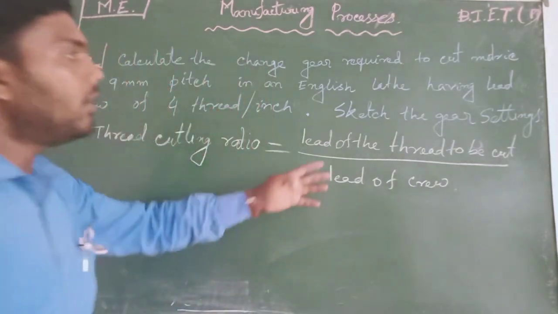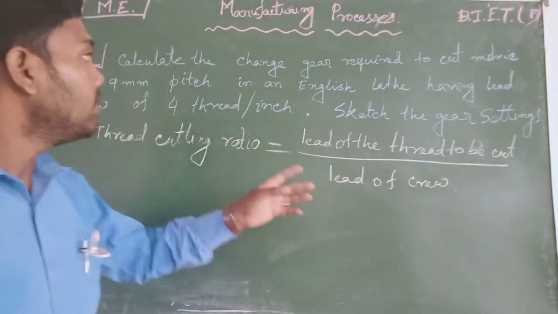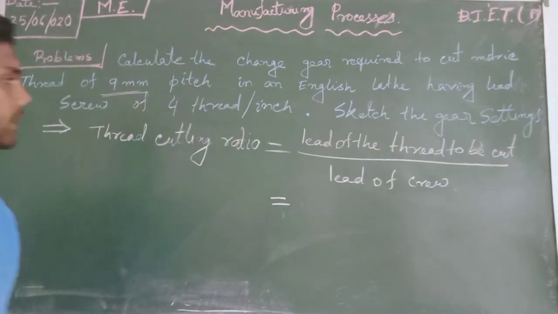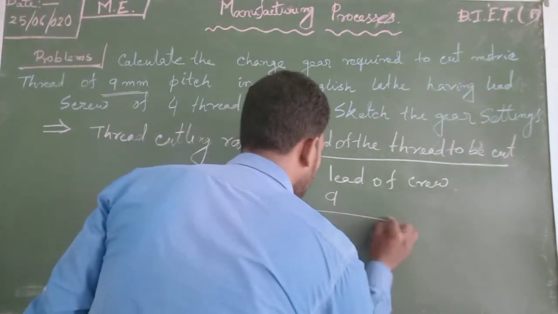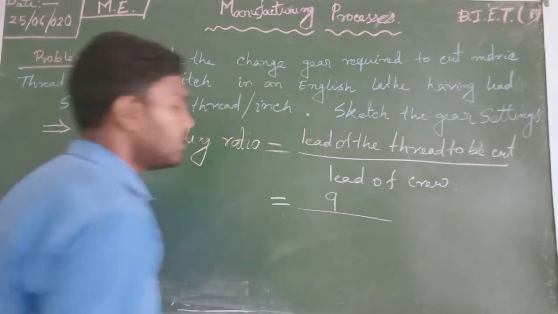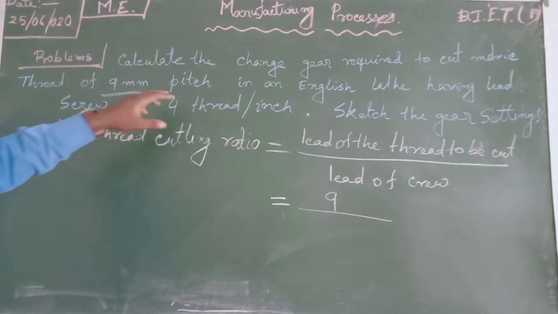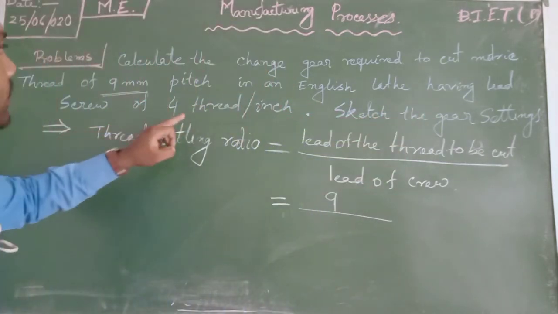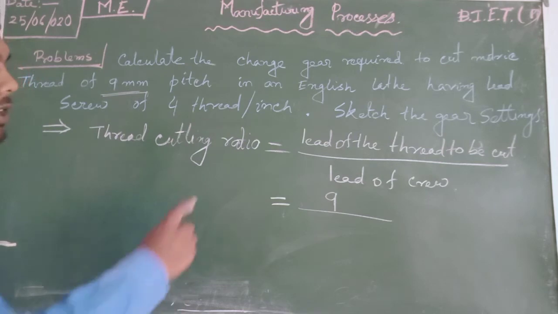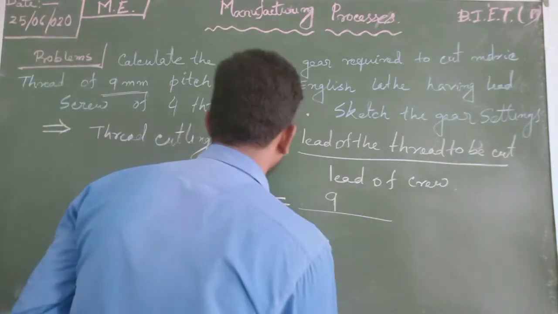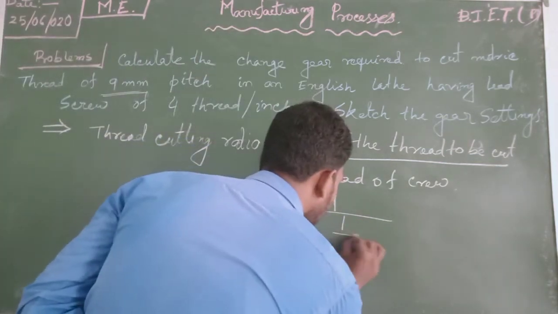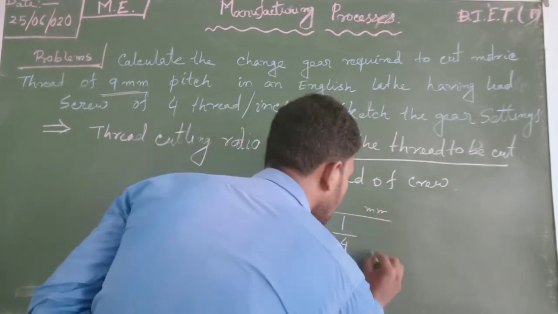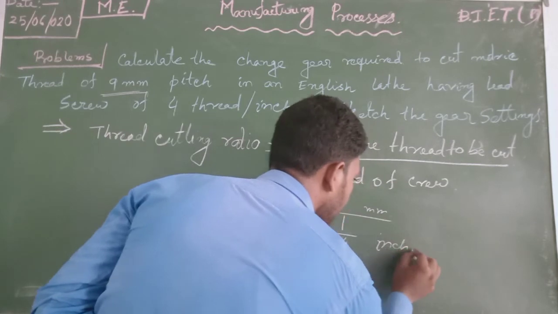The lead of the thread to be cut is 9 millimeter. The lead screw is 4 threads per inch, that means 1/4 inch. This unit is millimeter, this is in inch.